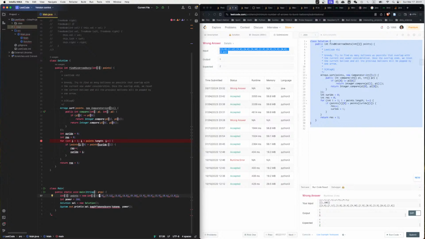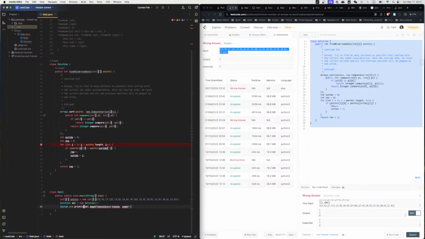Next is to find this. I'm going to replace with this. Okay. We don't need this. This is find this points. Okay, let's debug this.